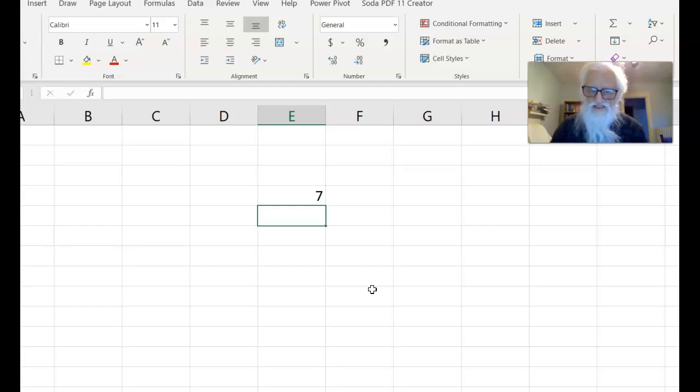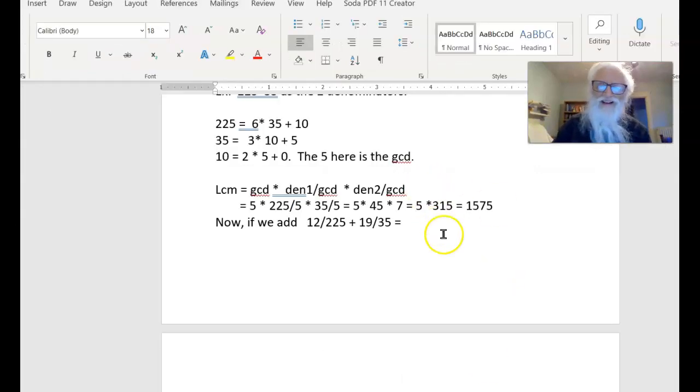That equals 7. I probably could have done that myself if I had thought about it, but don't worry about that. So to keep this the same fraction, I have to multiply the numerator by 7. So 7 times 12 is 84 over 1575.